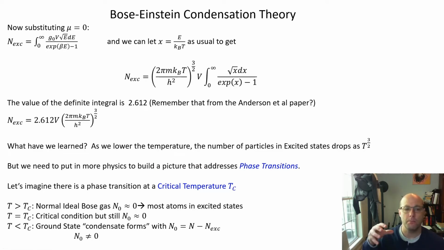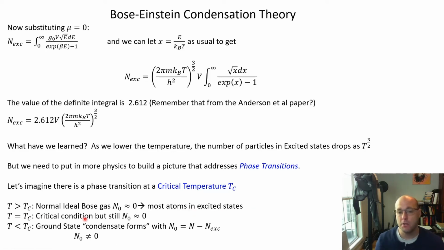And so what we're going to put in to build the idea of a phase transition is that there is a critical temperature. Let's call it T sub c. If the temperature is above T sub c, we basically have a normal ideal Bose gas. We can approximate the number of bosons in the ground state as basically 0. What we're saying is there's a negligible fraction in the ground state, and most of the atoms are in excited states.